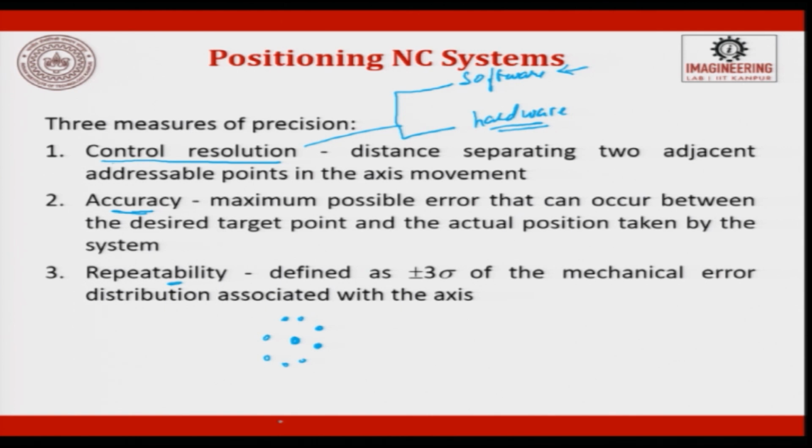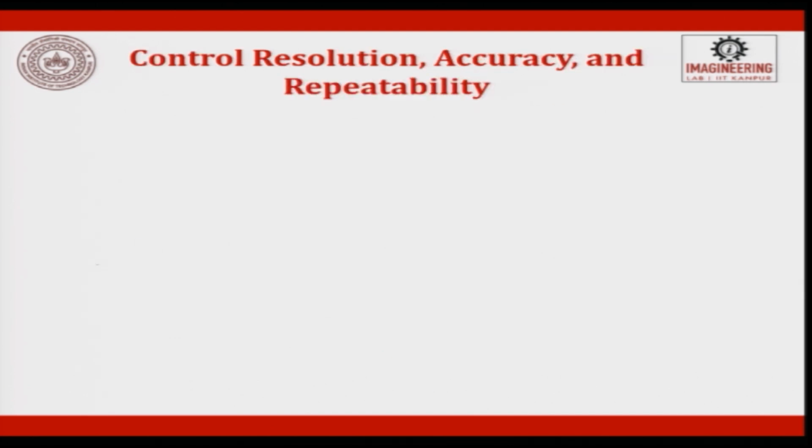That is called repeatability. So, 3 important things which we have to see as far as positioning of a CNC or NC system are control resolution, accuracy and repeatability.